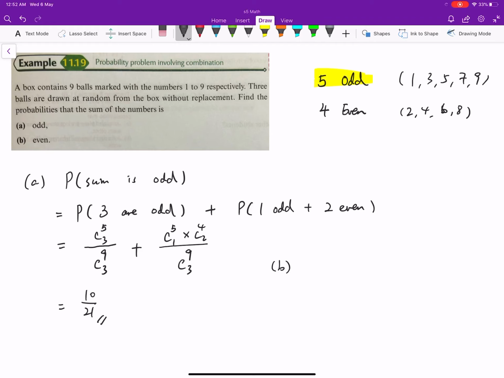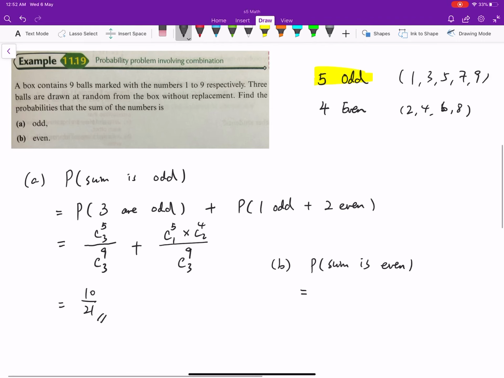Then for part B, P(sum is even). It is similar to part A, but actually you can use a faster method. And I think you should know. It is 1 minus the answer in part A, right?